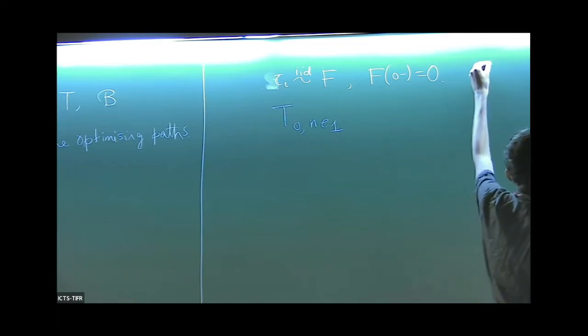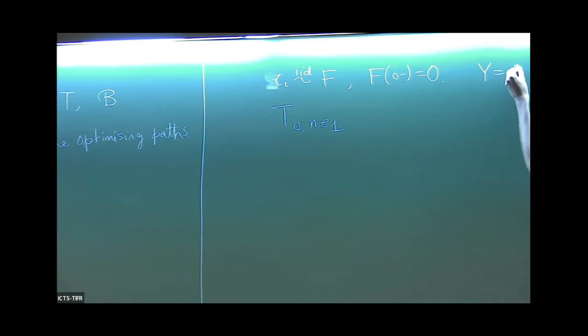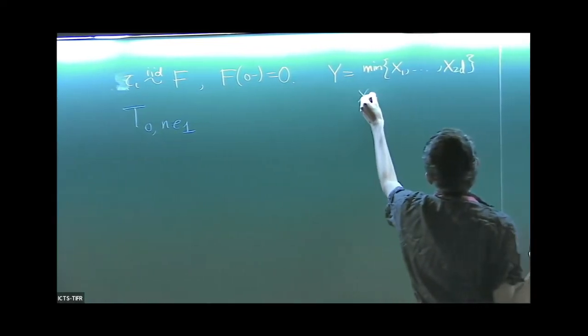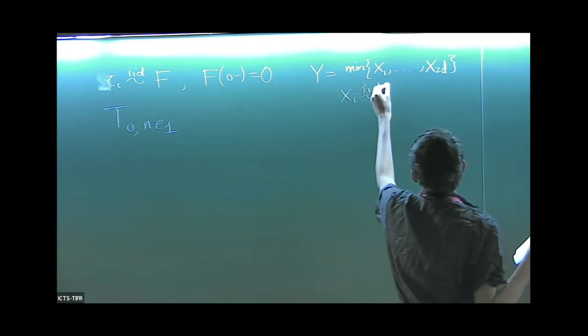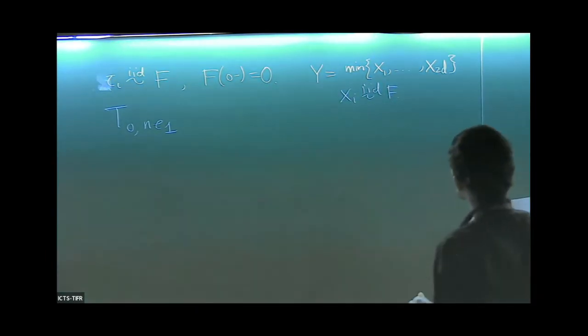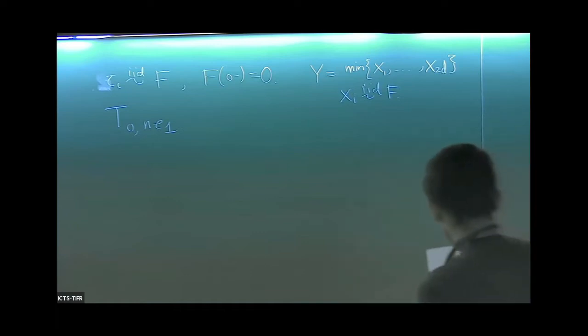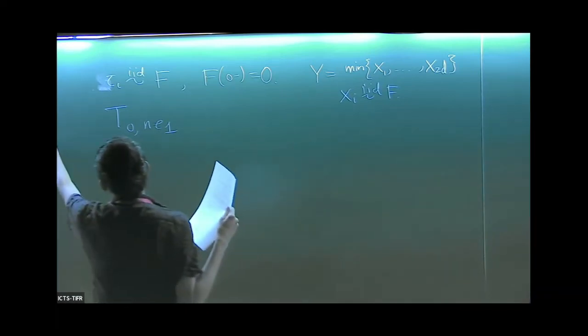And we'll also define something: we'll define Y to be the minimum of 2d many independent copies of F. This is going to be important. So here's the first theorem.